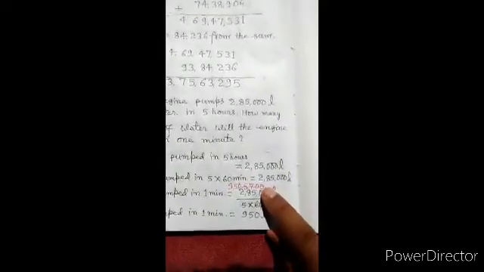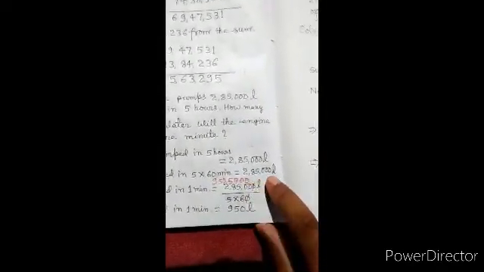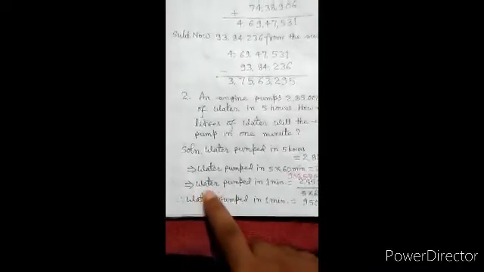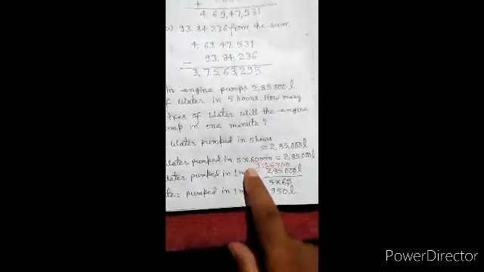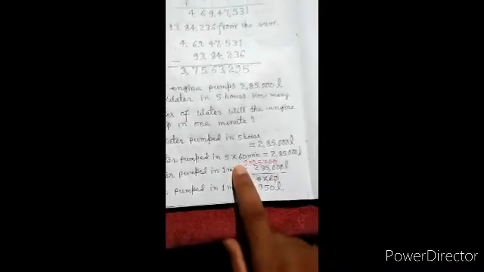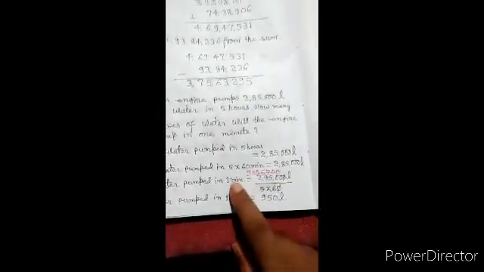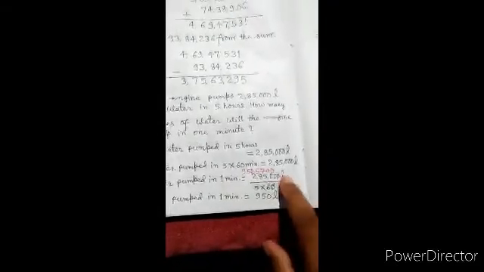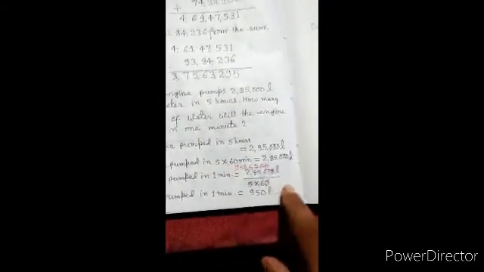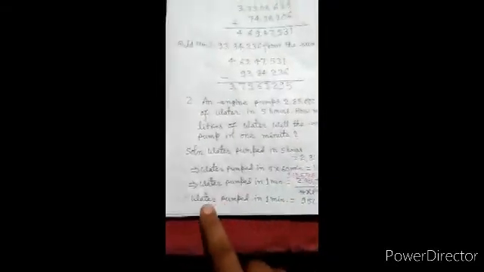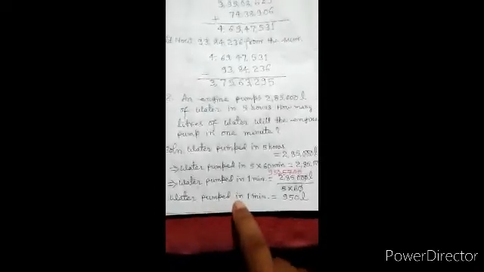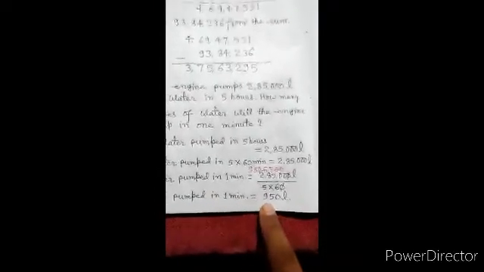Then 2,85,000 liters implies water pumped in 1 minute. So water pumped will be reduced. So I need to divide this number by 5 into 60 minutes. And finally I got, hence water pumped in 1 minute is 950 liters.